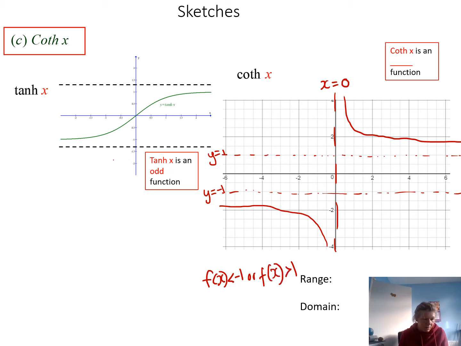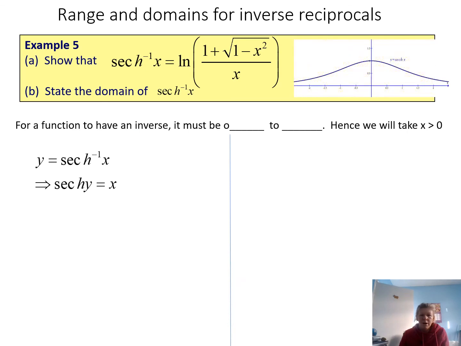The domain can be anything, the x values can be anything except for 0. So x belongs to the reals, but x cannot equal 0. And this one is also an odd function.